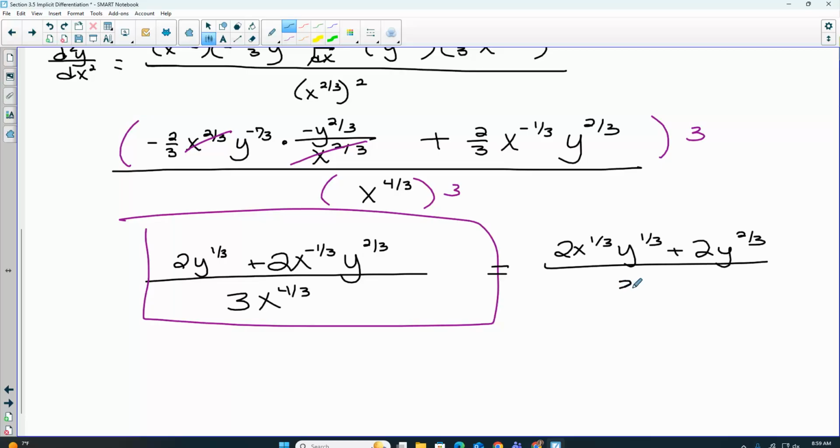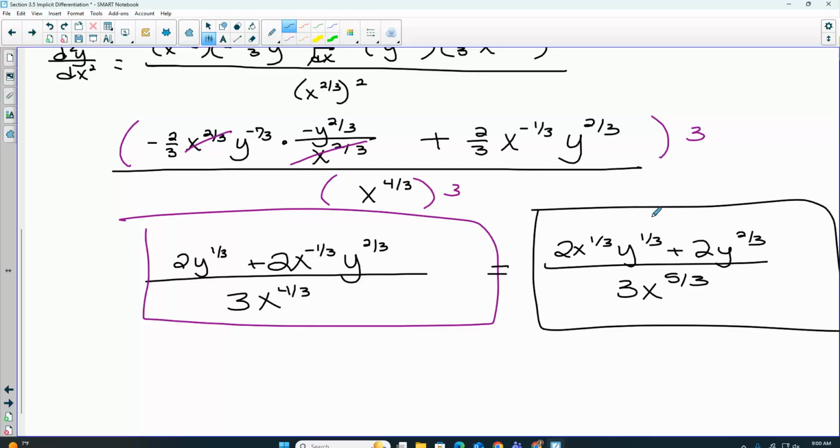On the bottom, if I took it times x to the 1/3, that'd be 3x to the 5/3. So I would also accept that. So I'm looking for some simplification, but I am not asking you to go as far as possible on all these problems. So there are multiple correct answers here. It just has to be equivalent. All right. Any questions there?